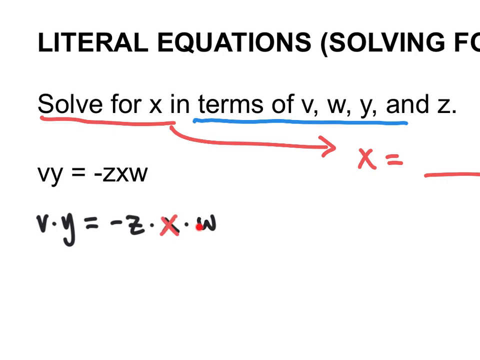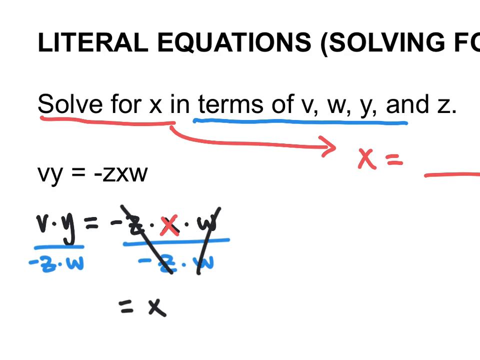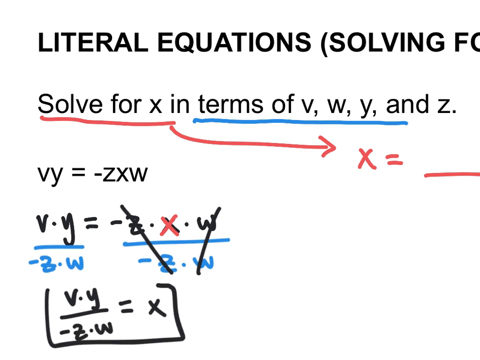If I'm multiplying a bunch of things by the thing that I'm solving for, I can automatically divide both sides by negative z times w. Your z's divide out, your w's divide out, and you're left with x is equal to v times y divided by negative z times w. And that's your answer, okay?